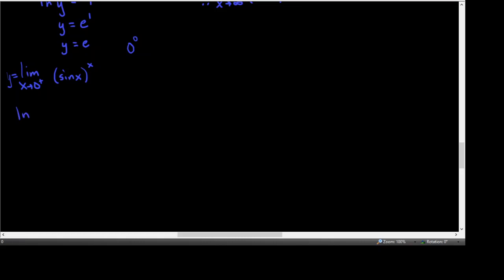So I'm going to take the natural logarithm of both sides of that equation. Then I'm going to use the property of limits of compositions to take that limit of the interior function, take the limit part out so that we have the limit of the composition of the natural logarithm of the inside function.